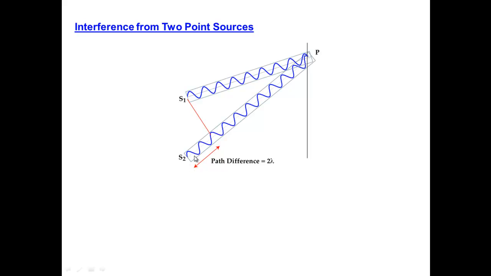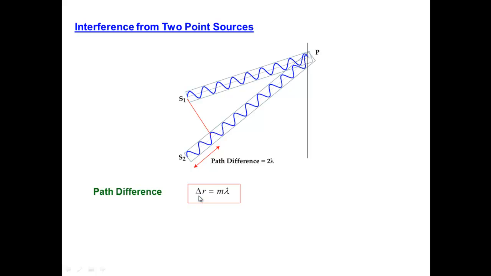And here's the key. If the wave has to travel an extra distance which is an integer multiple of the wavelength, then the rest of its path is going to be the same distance that the wave travels from S1, so they're going to interfere constructively. If that extra path difference is an integer multiple of the wavelength, then we will see constructive interference.